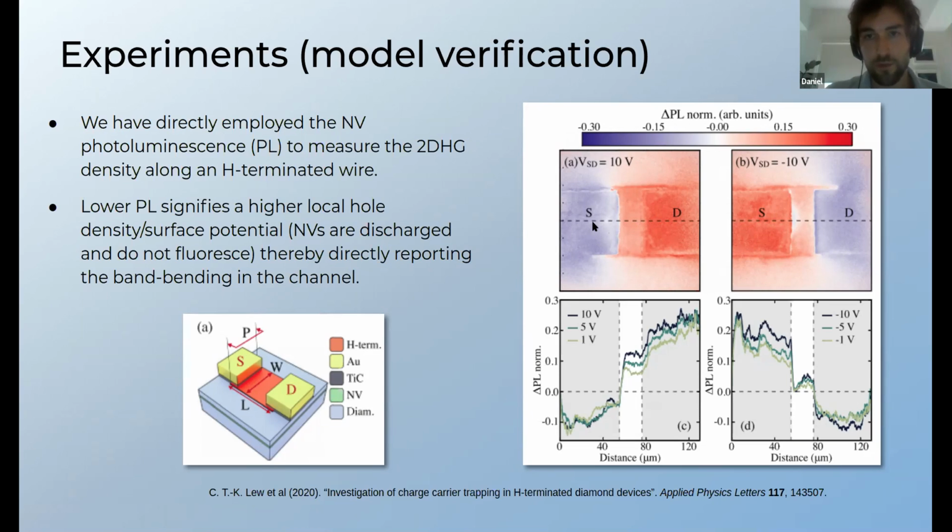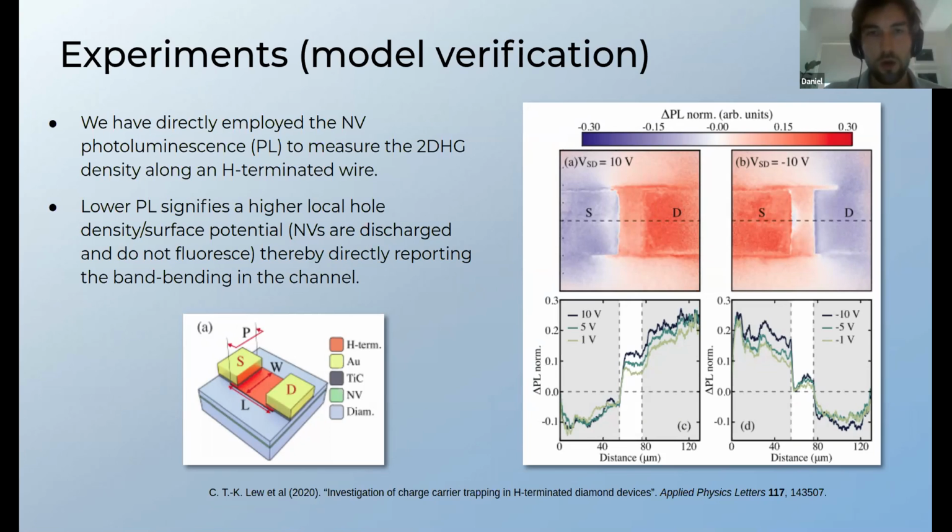So if we have a simple source drain and a hydrogen terminated ribbon, and we apply some source drain voltage, we can actually see the surface potential as reported by the charge states of the NVs. And why this is interesting is that by taking the gradient of the surface potential, you have the surface electric field. And so what this means is that using the ODMR signal of the NV, you can measure the Z, the electric field into the diamond, whereas by using the charge state imaging, you could measure the XY, or the in-plane electric field.